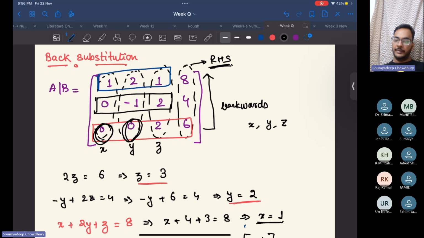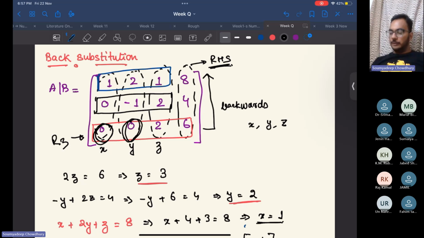So the equation for R3 is 0 into x plus 0 into y plus 2 into z equals 6. Already the x and y variables are eliminated. You have an equation with only one unknown, which you can easily find. So 2z equals 6 and z equals 3. We start in the backward direction, from bottom to top. That's why it is called back substitution.